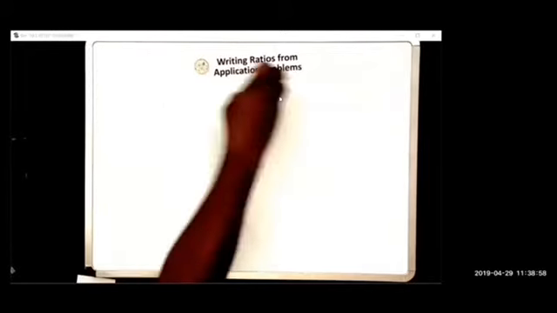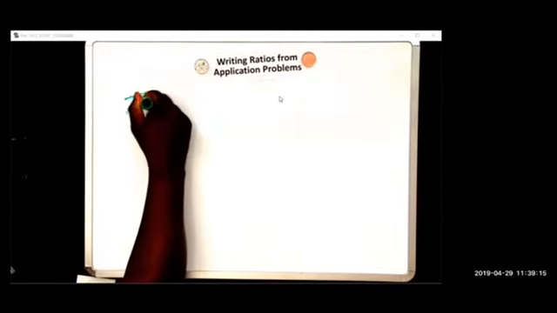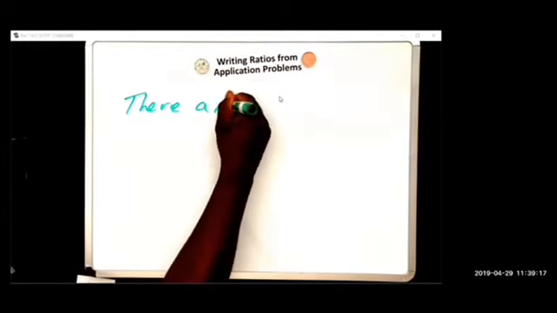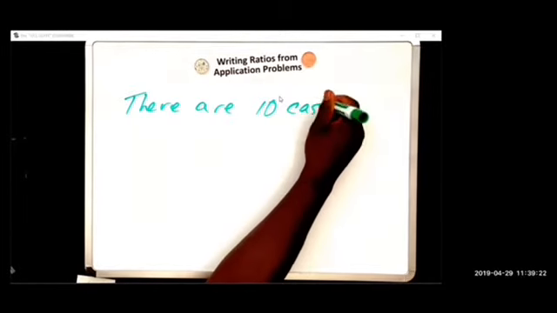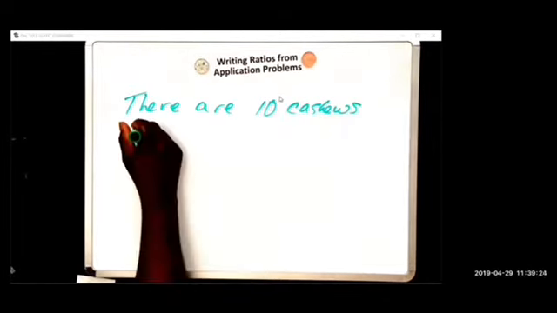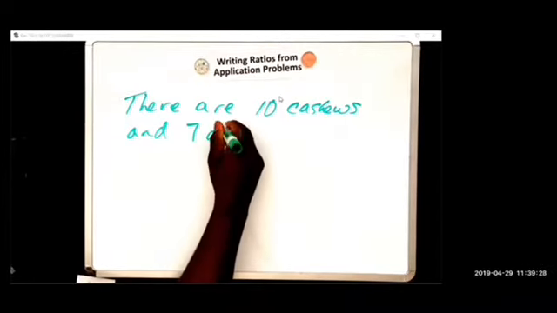All right, so here we are writing ratios from application problems. Let's say we have a brief word problem. Say there are 10 cashews and we have 7 almonds.